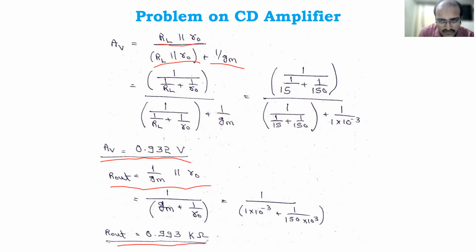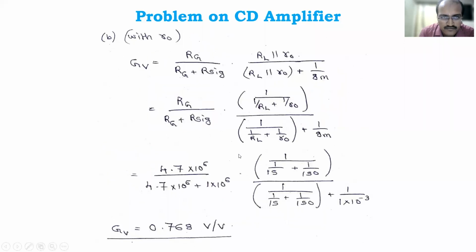Are you getting the same answer or not? A little fractional difference will be there, as I have written approximated values. So just do this calculation after this session. Finally, the B part: with R naught, you have to find out the overall voltage gain.